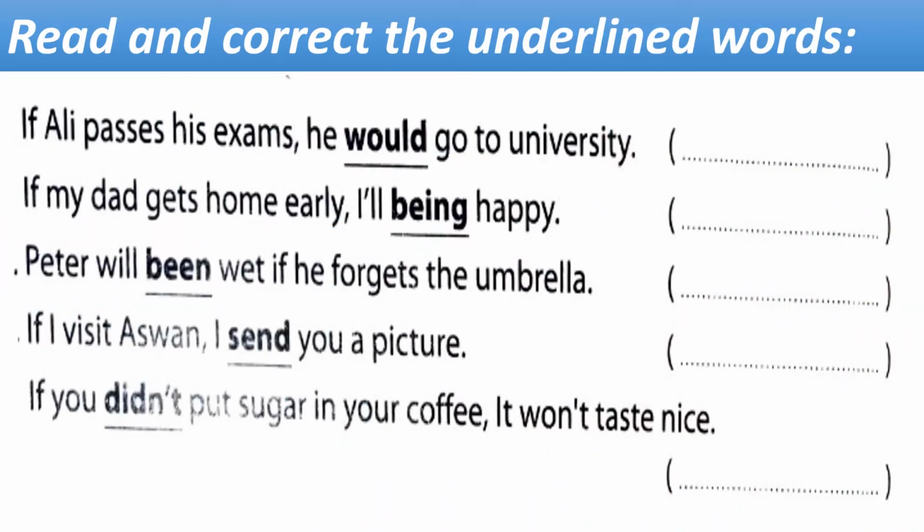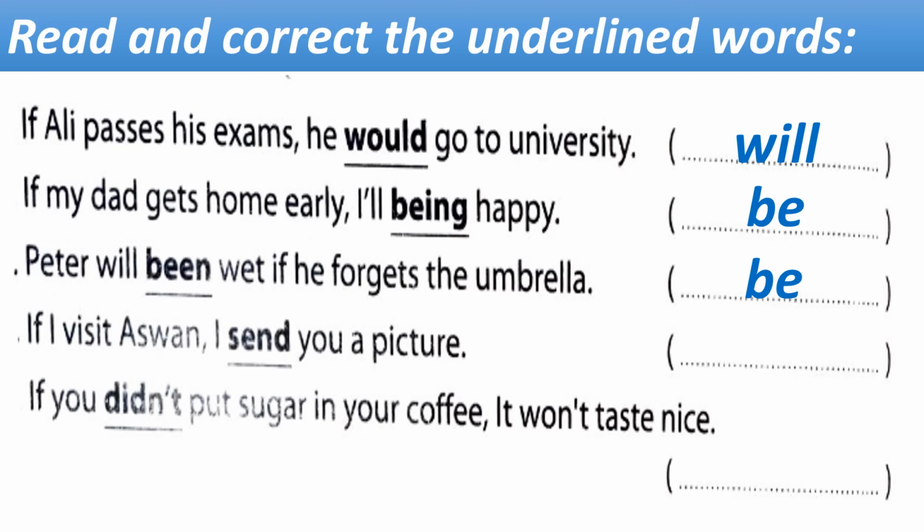Read and correct the underlined words. If Ali passes his exams, he would go to university. If Ali passes his exams, he will go to the university. If my dad gets home early, I'll be happy. Peter will be wet if he forgets the umbrella.